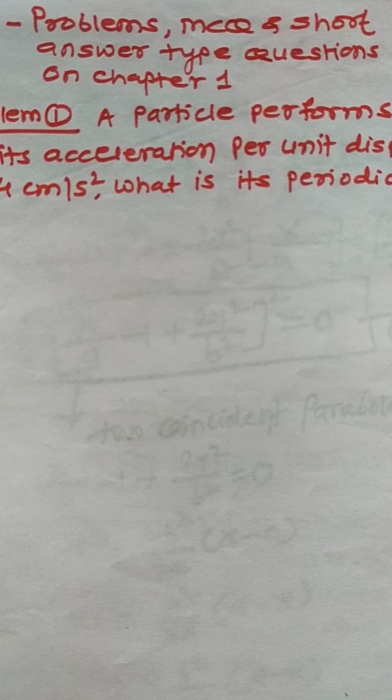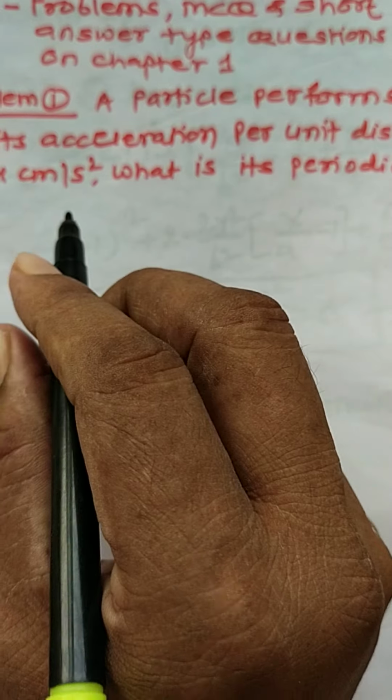First of all, acceleration per unit displacement. Here we are given 4 cm per second square.